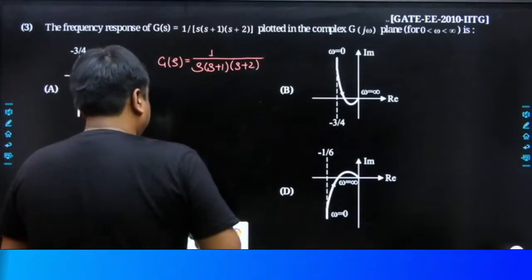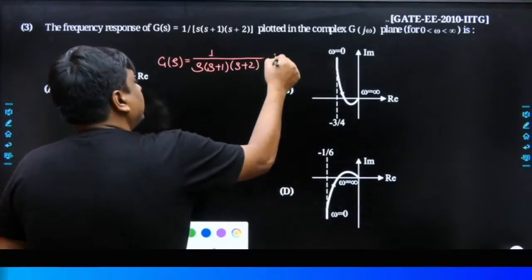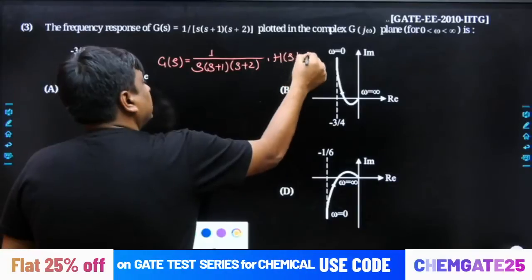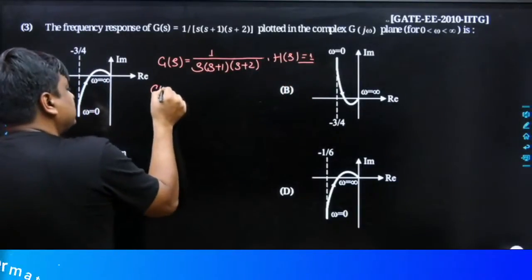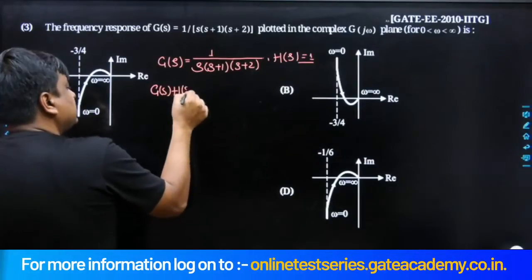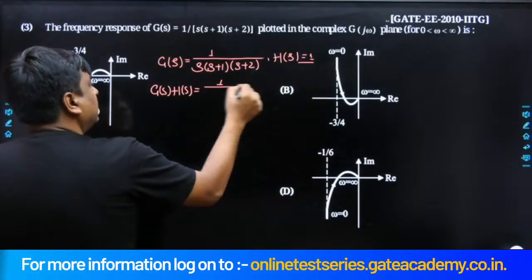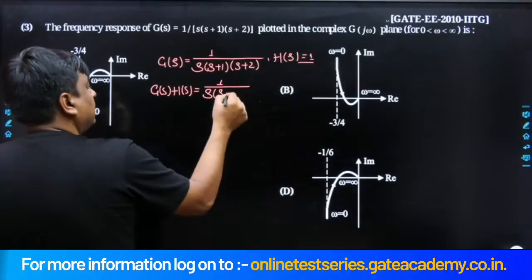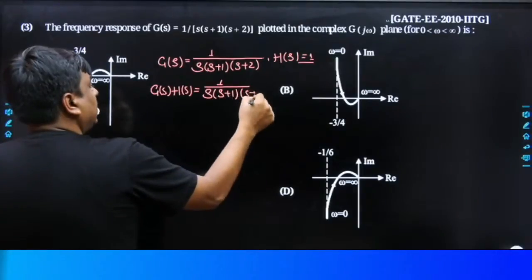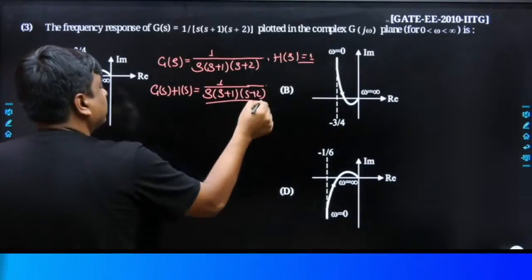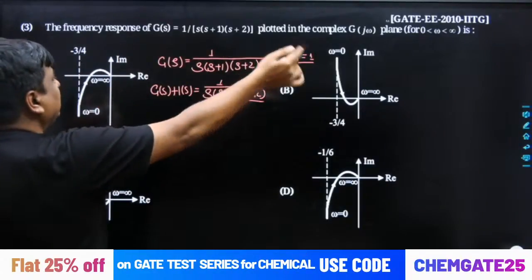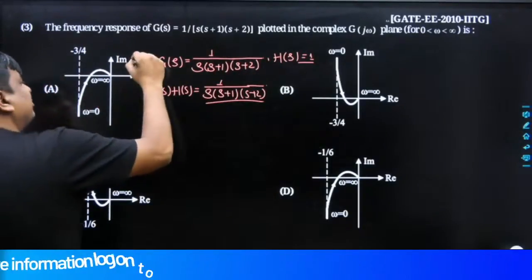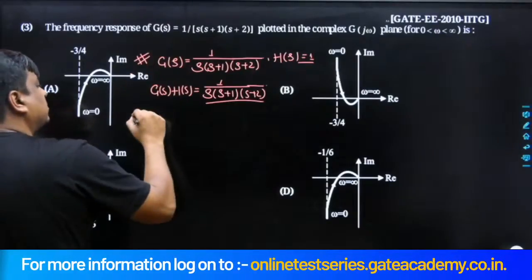That means the value of HS is unity. So in future the GS itself is GSHS. So GSHS is 1 divided by 1. Otherwise, the statement of the problem itself was quite self-explanatory. What they say? The frequency response of GSHS plotted in the complex plane. So this is the first outcome.